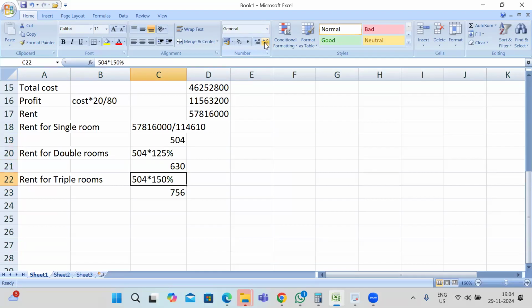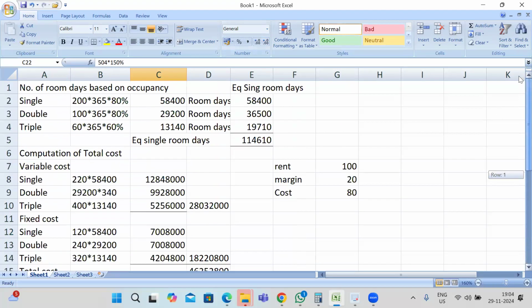So we have another method of calculating this, that is based on room days only. This is going to be a slightly varied answer for fixed cost, because for fixed cost, mostly we will be saying even if there is no occupancy, there is no change in fixed cost, right?